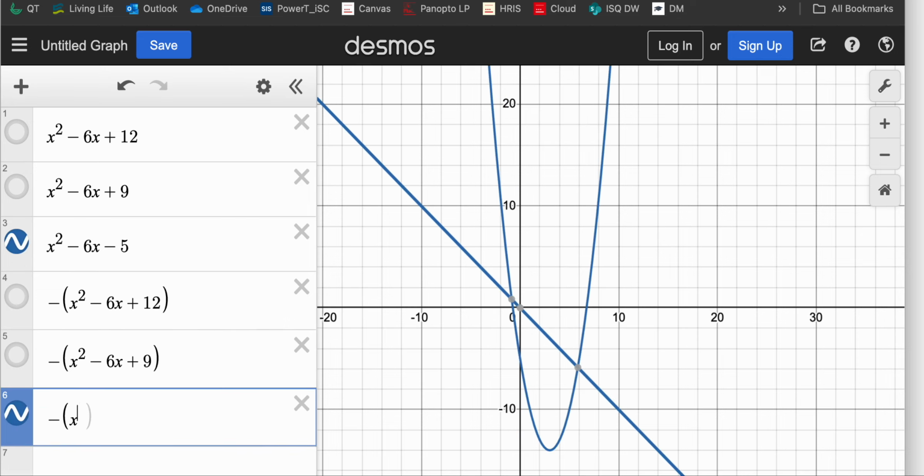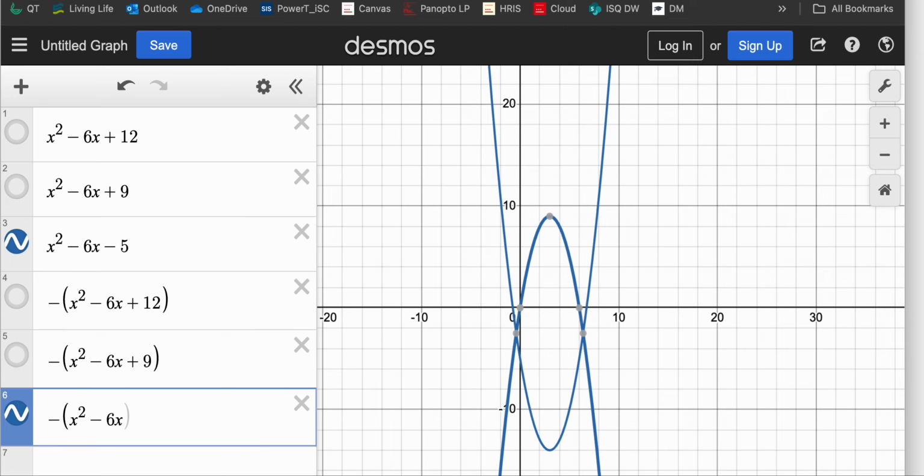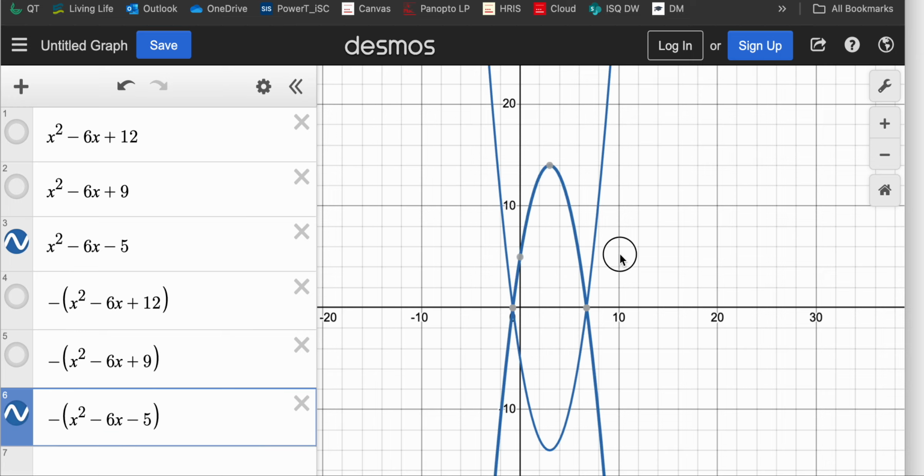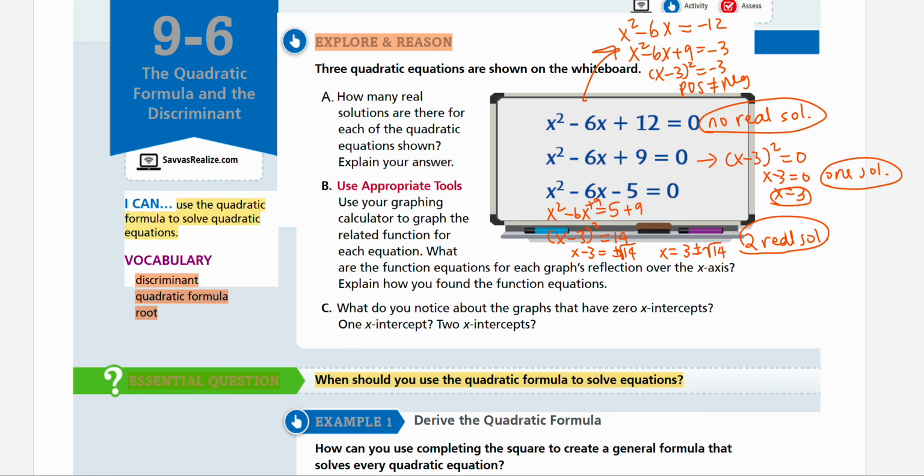Negative x squared minus 6x minus 5. And that's also a perfect reflection over the x-axis. Good. So if you multiply each equation by negative 1, you'll be able to find the reflected graph over the x-axis.